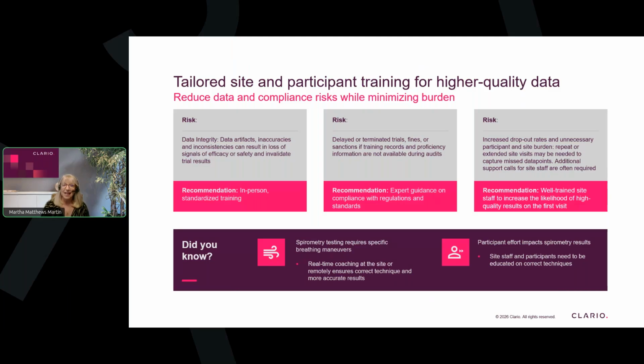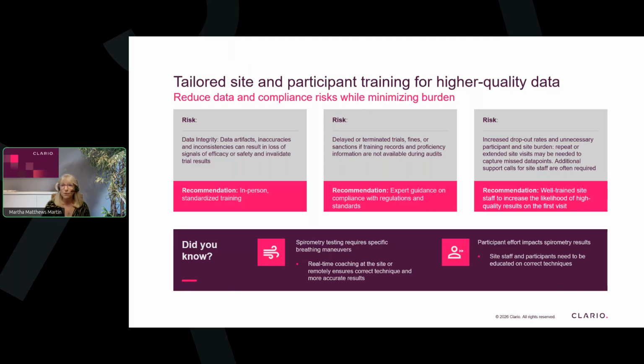I'd also like to say that by and large, we're looking at experienced participants and also experienced respiratory personnel who are doing this. And they've got a lot of experience typically in clinical settings, so they've done a lot of spirometry clinically.